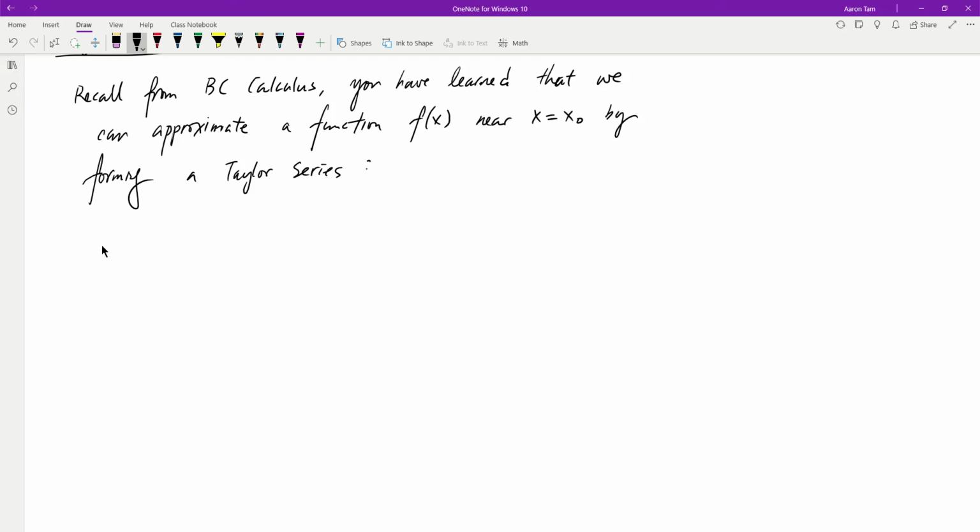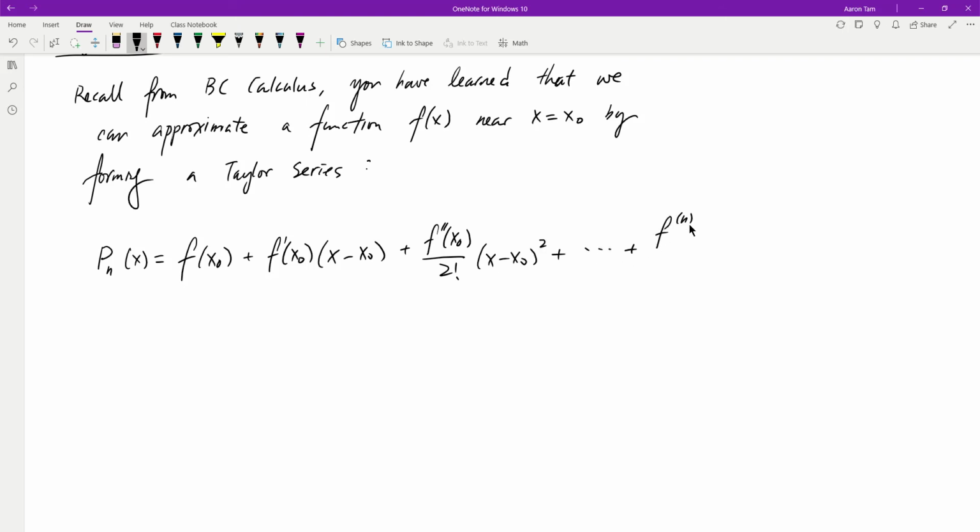The Taylor series will be the following: P of n, P sub n of x. This will be called the n-degree Taylor polynomial. It will be f of x sub 0 plus f prime of x sub 0 times x minus x sub 0, plus f double prime of x sub 0 over 2 factorial, x minus x sub 0 squared, plus dot dot dot plus the nth derivative of f at x sub 0 over n factorial, x minus x sub 0 to the n.